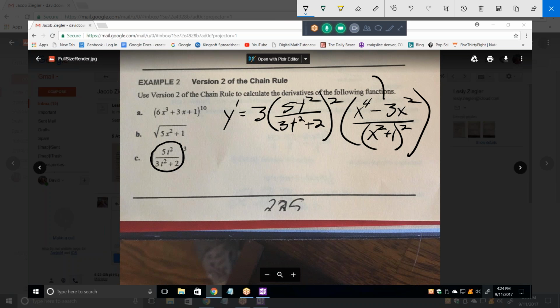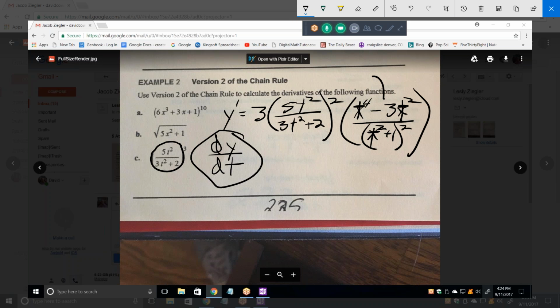And so the whole thing, this is the answer. And I've used x's here. These are actually t's, not x's. In other words, you don't have to always be in x, but you have to use the same variable. The variable is t here. So what I'm finding is not dy dx, I'm finding dy dt. So whatever the variable is, that's what you're finding the derivative with respect to.